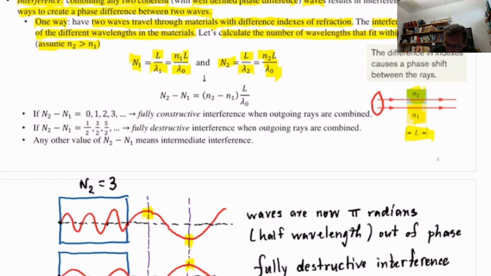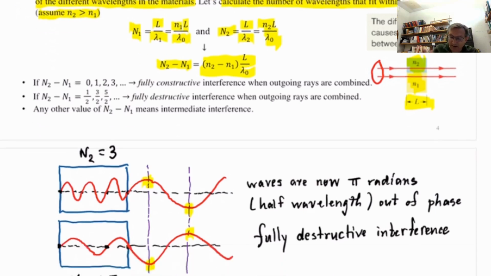Then what you want to do is subtract those number of wavelengths that fit within each block, big N2 minus big N1. Of course, just take those two formulas, you get little n2 minus little n1 times L over lambda naught. You want to compare, if you like, take the difference between the number of wavelengths that fit.